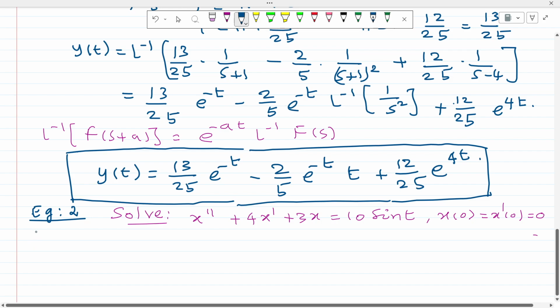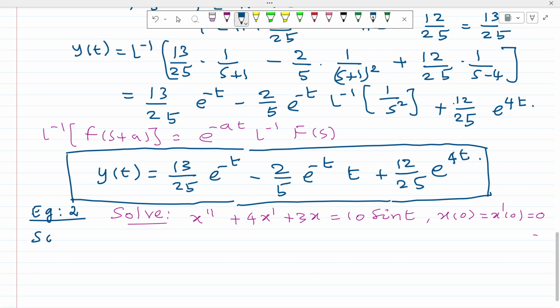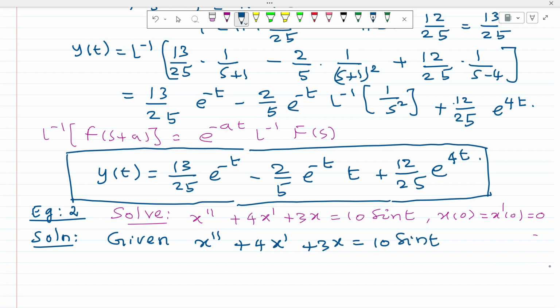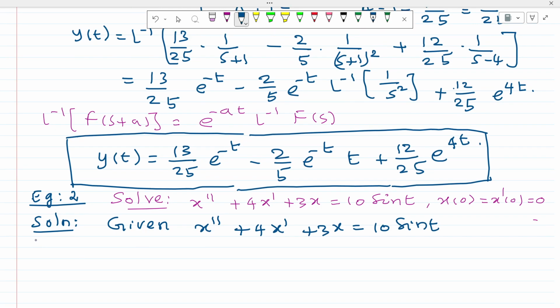So what is the dependent variable here? What is the independent variable? See, x is the dependent variable, t is the independent variable.